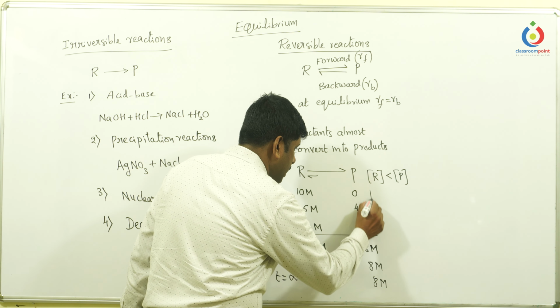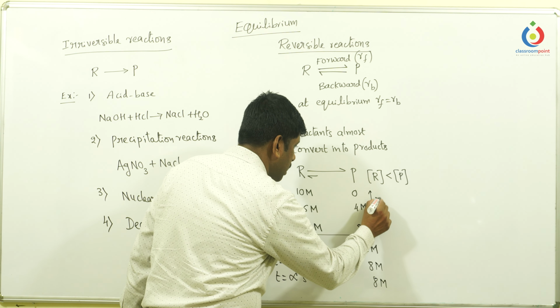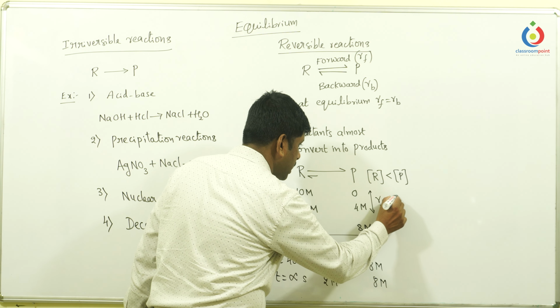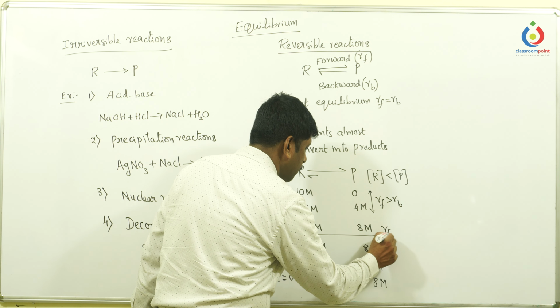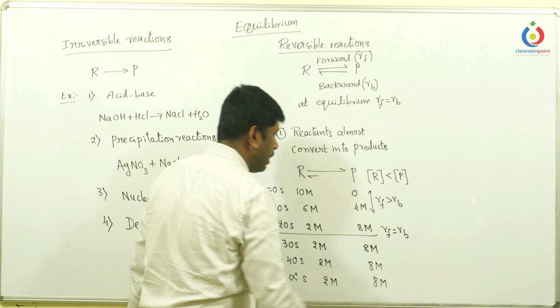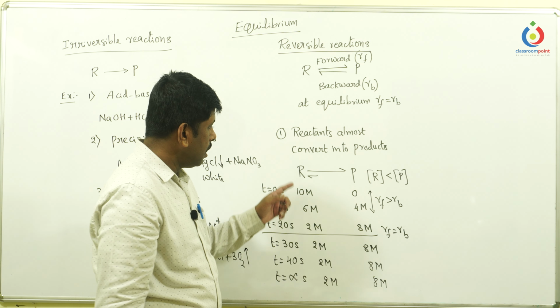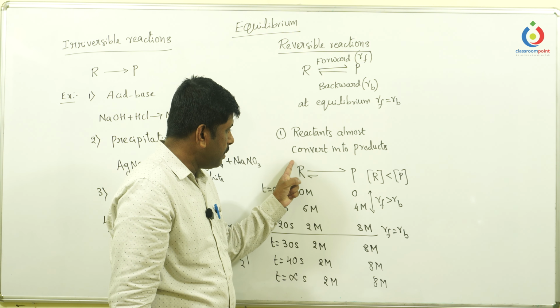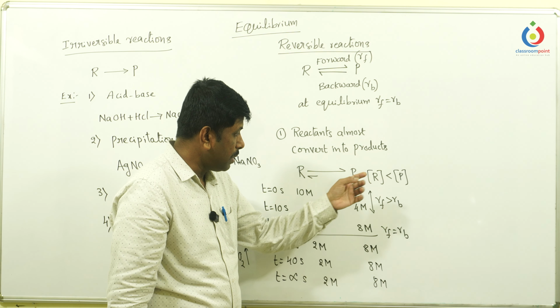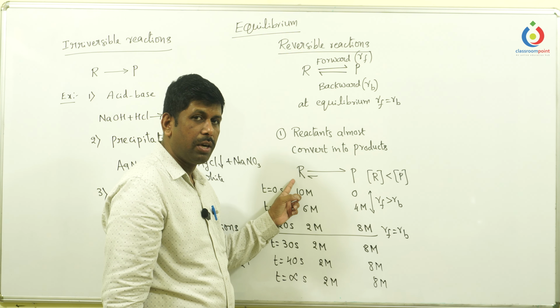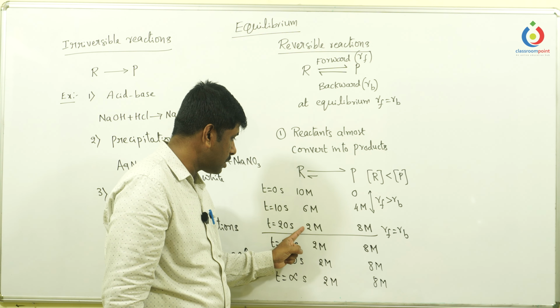If you observe the starting cases, the first two cases, the rate of forward reaction is dominating the rate of backward reaction. But from here onwards, the rate of forward reaction equals the rate of backward reaction. Rate means the speed at which reactants are converting into the products. With the same speed, products also start converting back into the reactants only from here onwards.